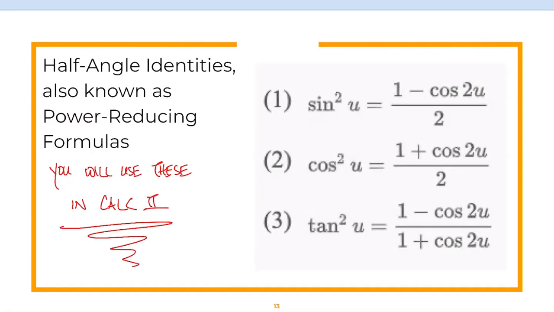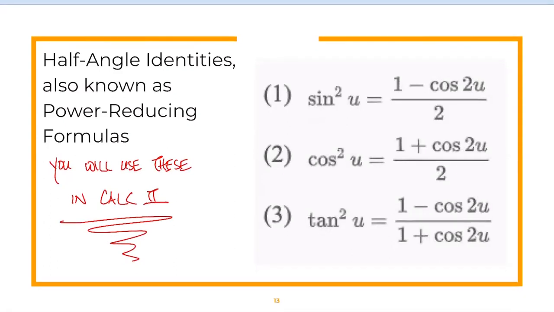So if Calc 2 is in your future, save these in your brain somewhere because you're going to use them a lot in Calc 2, okay? We're not going to focus on them quite so much, but we'll instead focus on the half angle formulas, okay, which are a little bit different. So these you'll use in Calc 2, save them somewhere so that you'll have that to refer to.